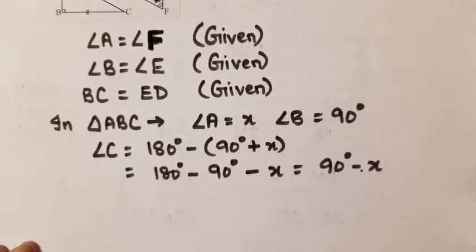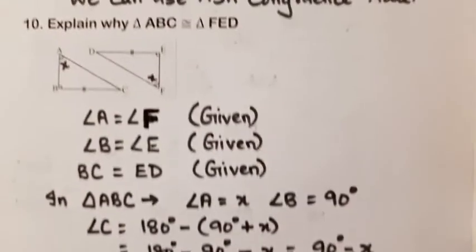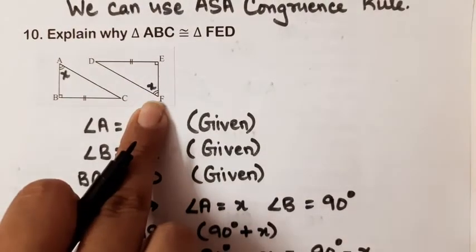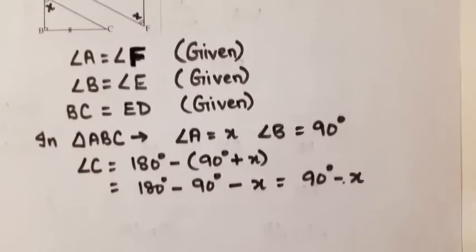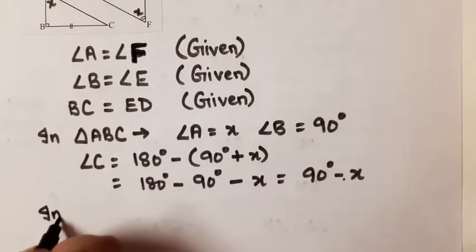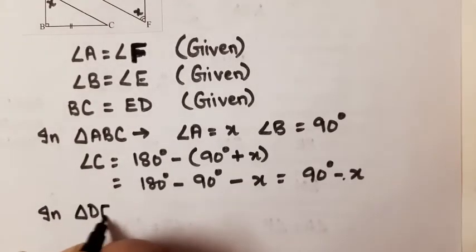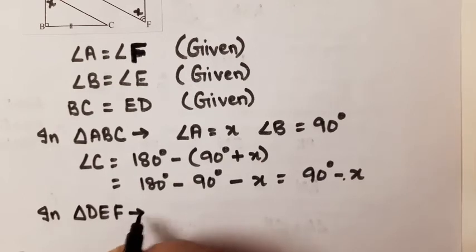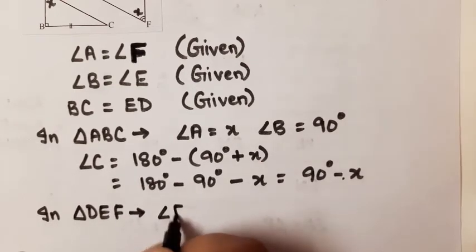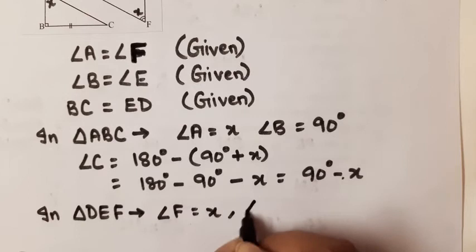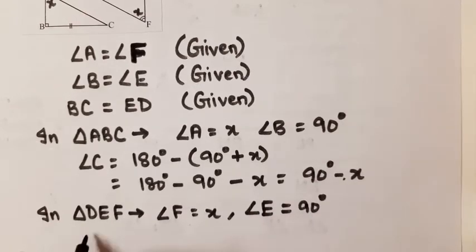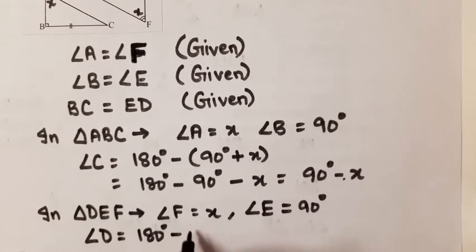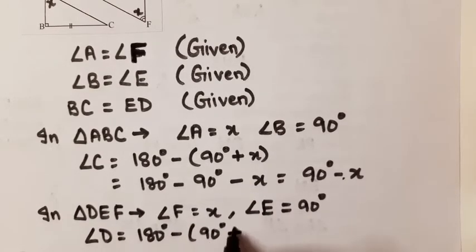Similarly, what can we say about angle D here? In triangle DEF also we have been given two angles, one is 90 degree and the other one is X. So in triangle DEF, we have angle F equal to x, angle E equal to 90 degree. So how can we calculate angle D? It will be 180 degree minus 90 degree plus x.